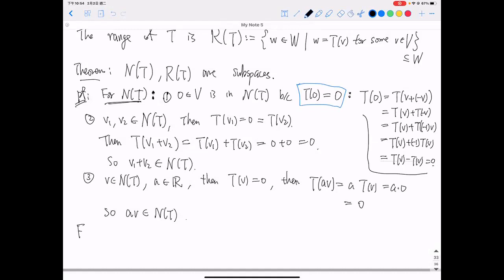Okay. Now for the range, we proceed in a similar fashion. We need to check three things.